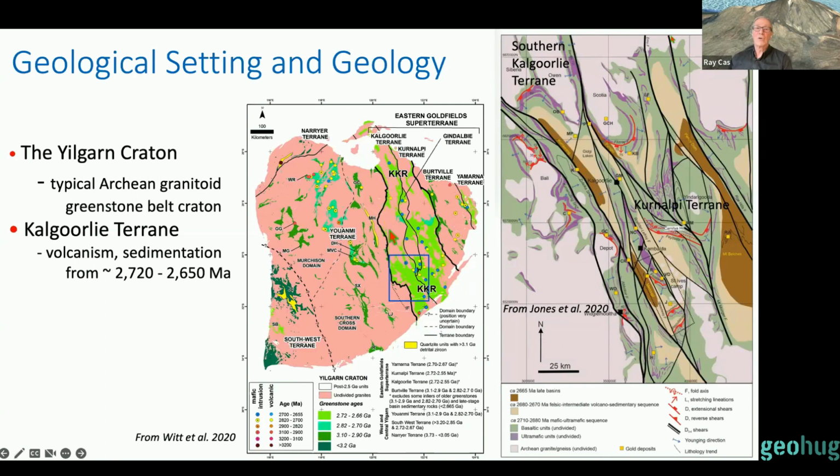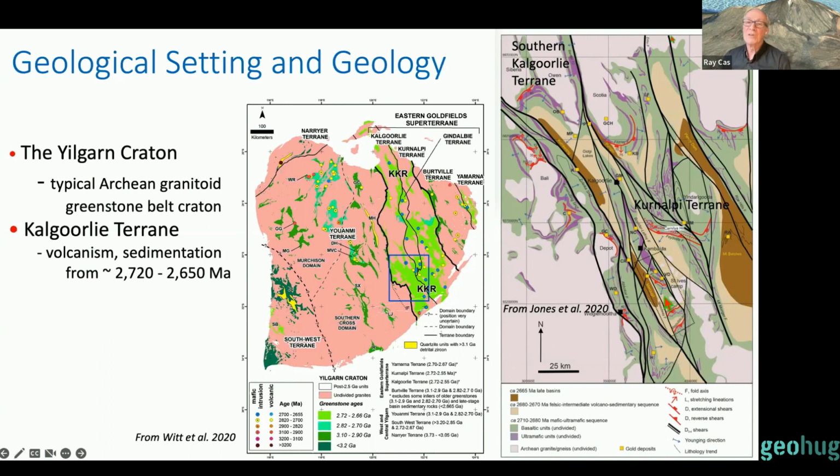Adjacent to that is the Kurnalpi Terrane. On the right is a diagram from a paper by Sarah Jones et al., published in the Australian Journal of Earth Sciences in 2020, which shows the general geology of the Kalgoorlie Terrane, highlighted here, and the Kurnalpi Terrane, highlighted there.